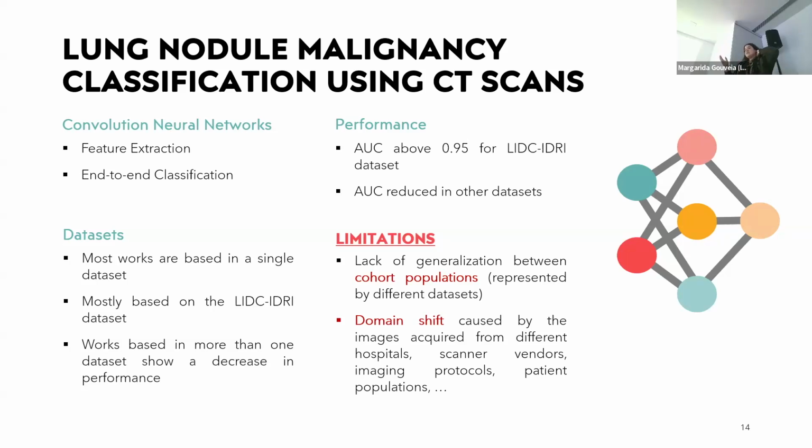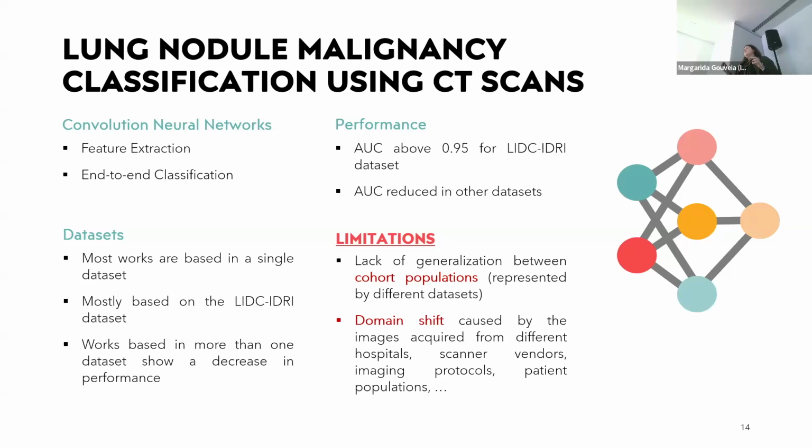But for this data set, which is the most used and probably the biggest one publicly available, we have an assessment of the likelihood of malignancy. Physicians open the CT scan, look at the nodule, and give a grade from 1 to 5 depending on whether they think the nodule has a high or low risk of malignancy.